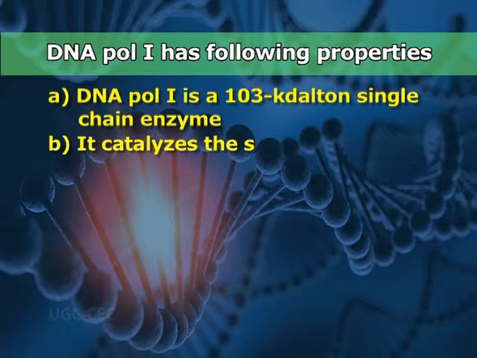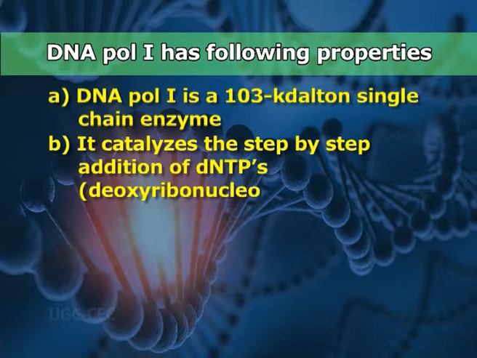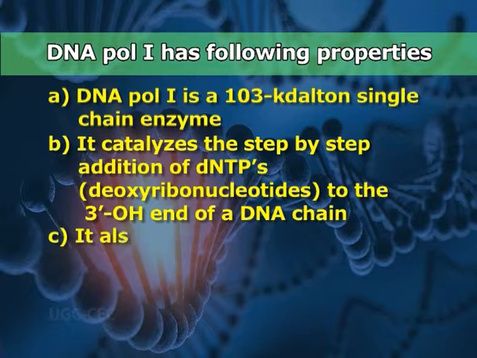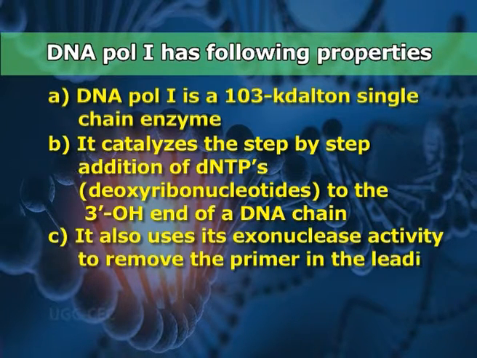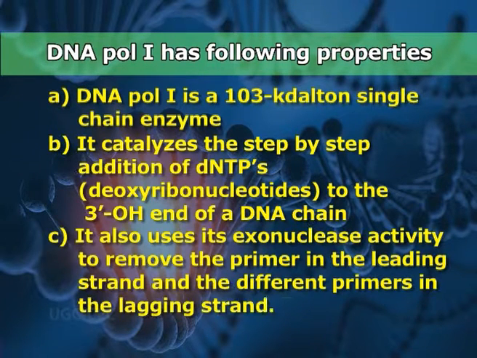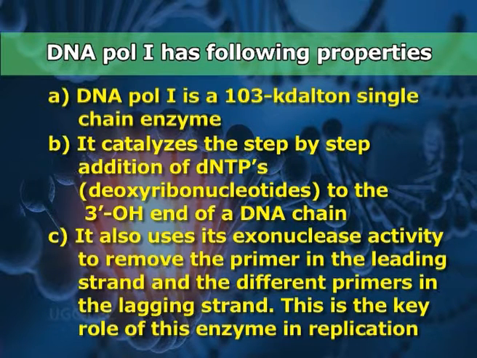It catalyzes the step-by-step addition of dNTPs, deoxyribonucleotides, to the 3' hydroxyl end of a DNA chain. It also uses its exonuclease activity to remove the primer in the leading strand and the different primers in the lagging strand. This is the key role of this enzyme in replication.